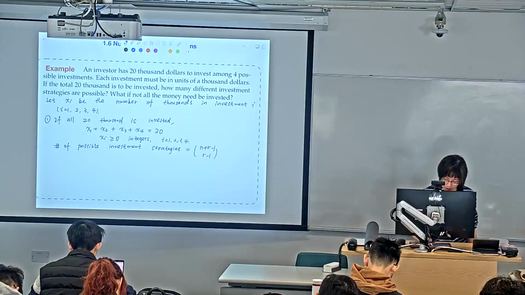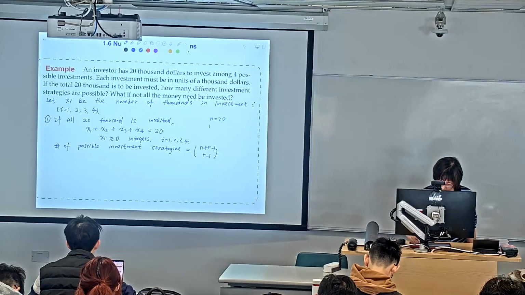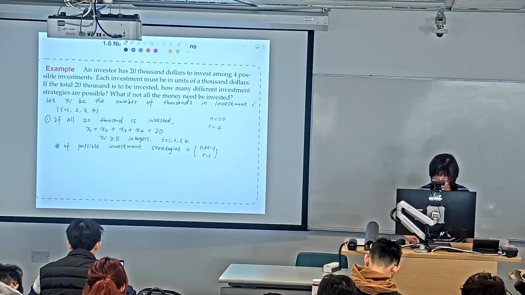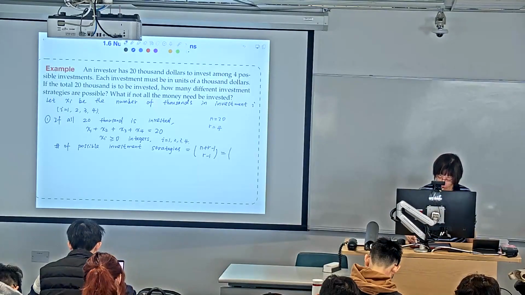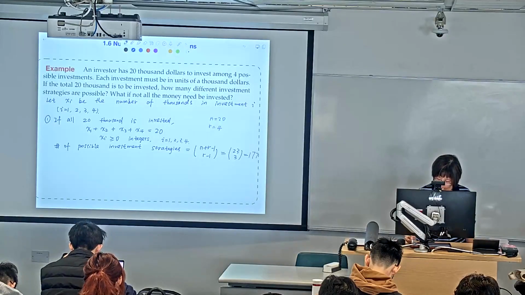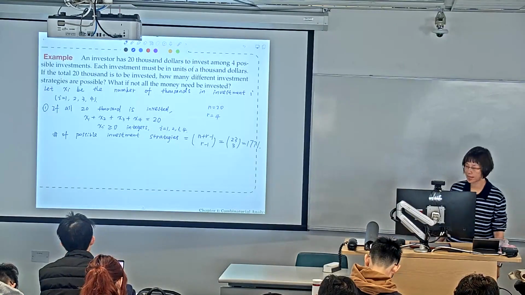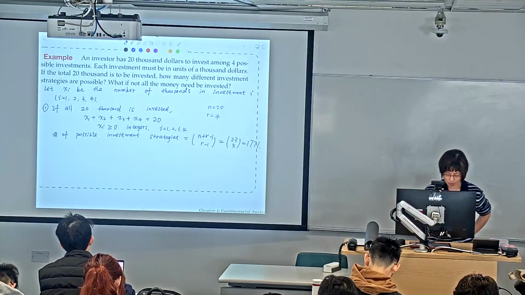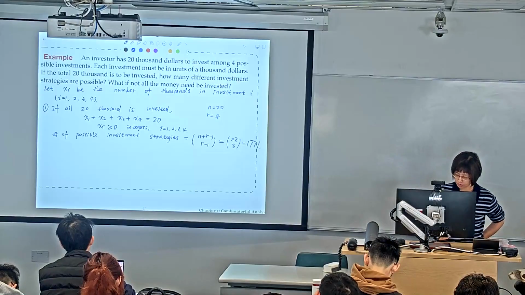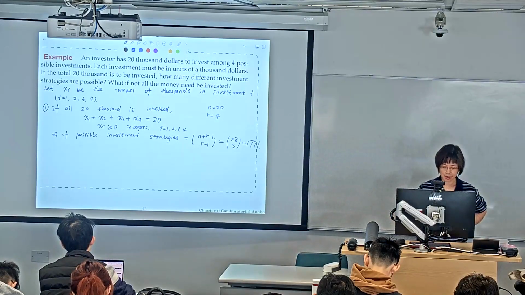Here our n equals 20, the sum, and r is the number of variables, equals 4 here. Plug in, you get 23 choose 3, and if you want the exact value, it's 1,771. But if you just leave the answer like 23 choose 3, that's perfectly fine.